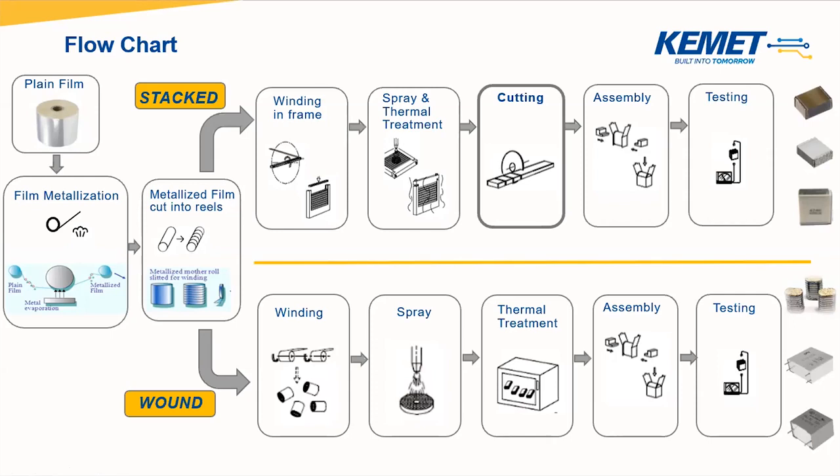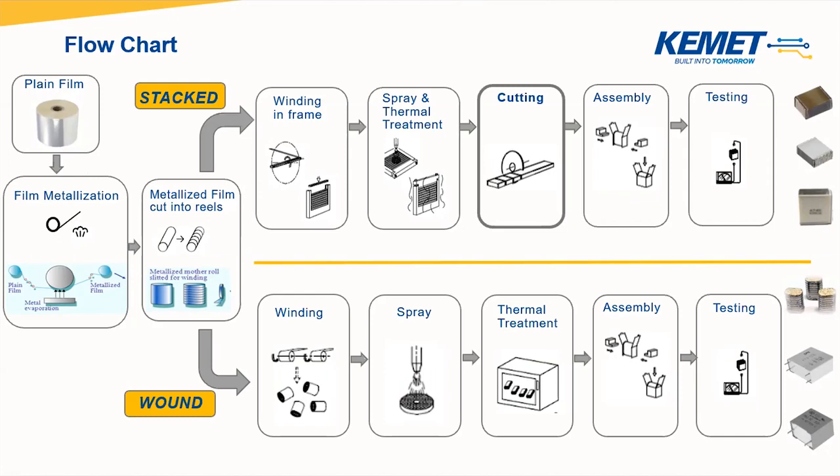Some of our competitors do not have the possibility to metallize the film internally. We have this possibility, so for us the process starts really here. The metallization is applied by a process of evaporation under vacuum.